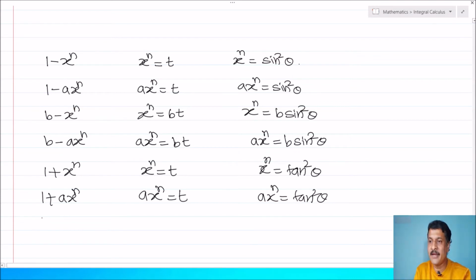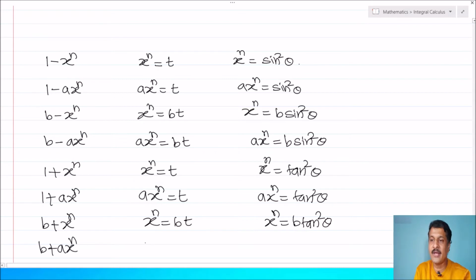Next is b plus x raised to n, then the substitution will be x raised to n equal to bt, or x raised to n equal to b tan square theta. And if b plus a x raised to n, then the substitution will be a x raised to n equal to bt, or a x raised to n equal to b tan square theta.